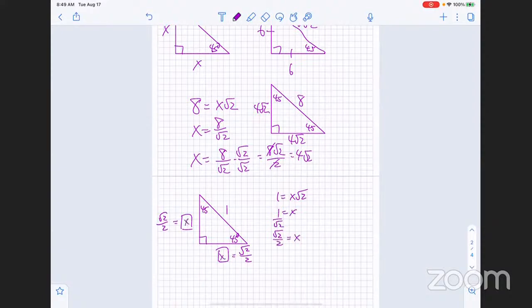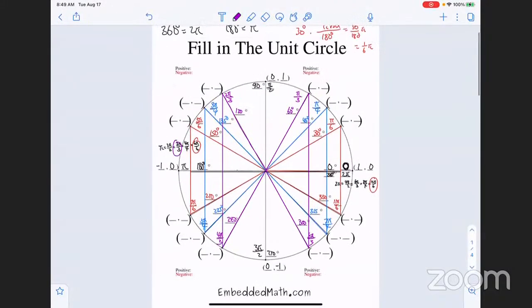So if this side is square root 2 over 2, that tells me this one's 45 degrees. And this one is 1. Why is that one 1? Because from this point to this point is exactly 1. So that makes this triangle have 2 lengths. This one is square root 2 over 2, and this is square root 2 over 2.